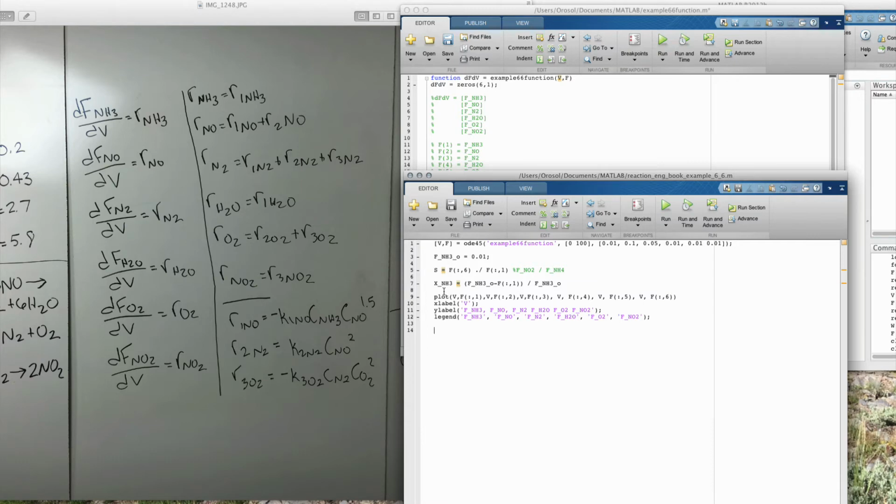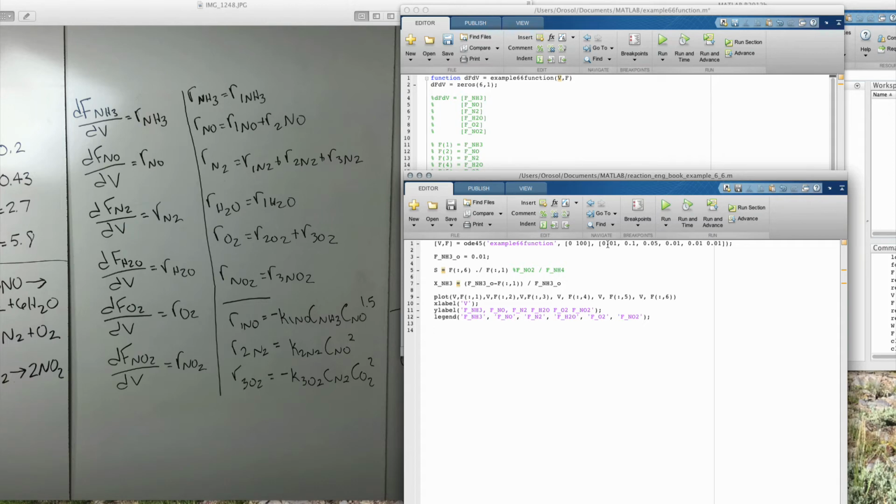And then I also wanted to calculate the conversion of NH3, and the reason I did that is because I was playing around with these numbers trying to improve the conversion, but I gave up pretty fast. So the way I did that is I have F_NH3,0 minus F_NH3, divided by F_NH3,0. I put in a value for this, so that should be whatever I'm putting here.